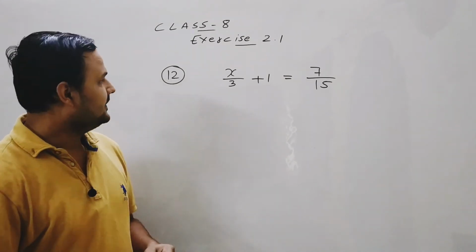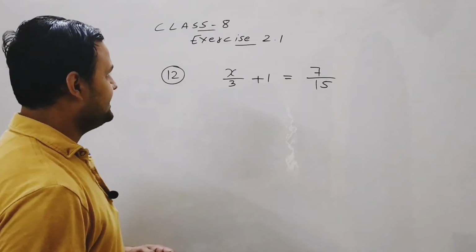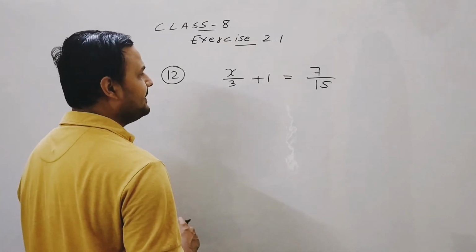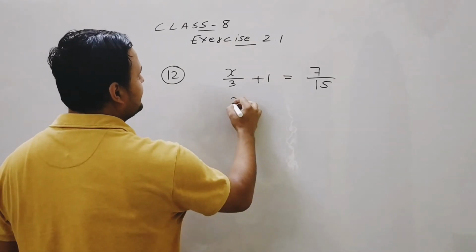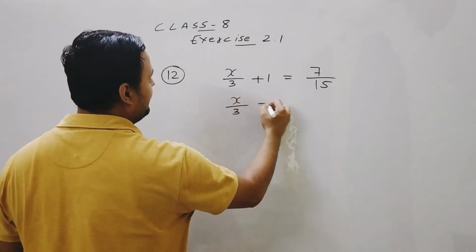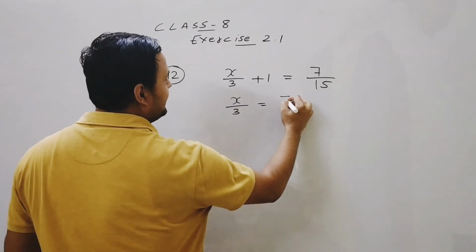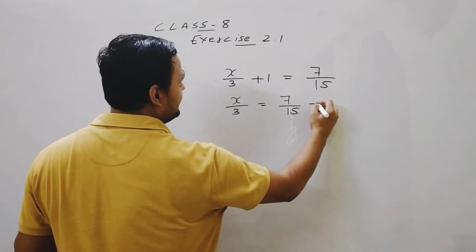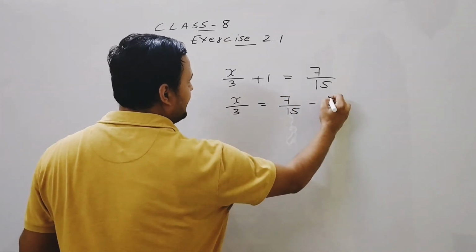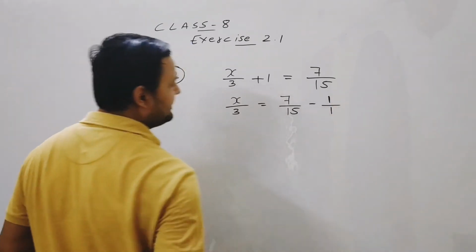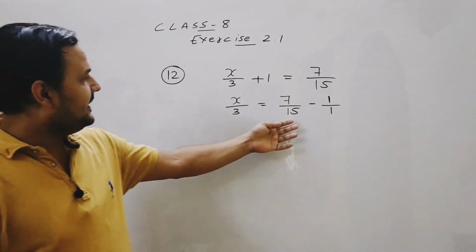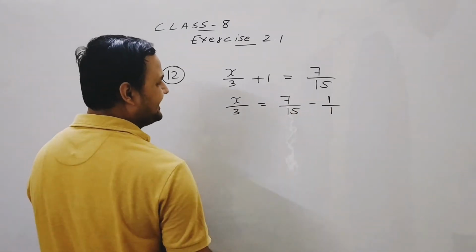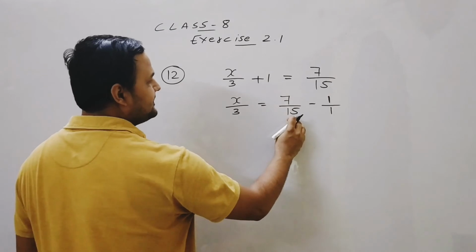Now, the last question of exercise 2.1, that is x by 3 plus 1 equals 7 by 15. So x by 3 will be on the left hand side, and on the right hand side 7 by 15. This plus will come this side, so minus 1. And minus 1 I can write as minus 1 by 1. Now again, it's not a like fraction, so I have to convert it into a like fraction. So 15 and 1.